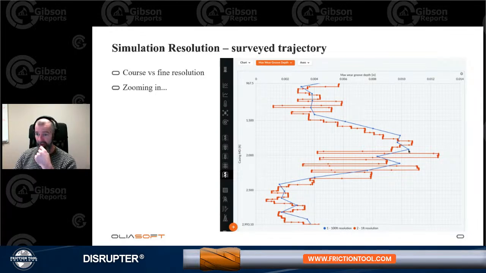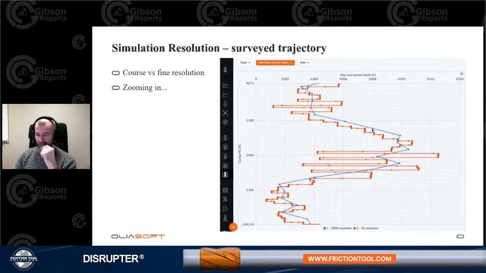What you can also see here is that we have a spike with the 1 foot resolution, while it drops off with 100 feet resolution. And what's interesting, if we try to analyze this situation a little bit, the reason we see this is that between these two survey stations, there could be a lot more changes in the doglegs than we anticipate.